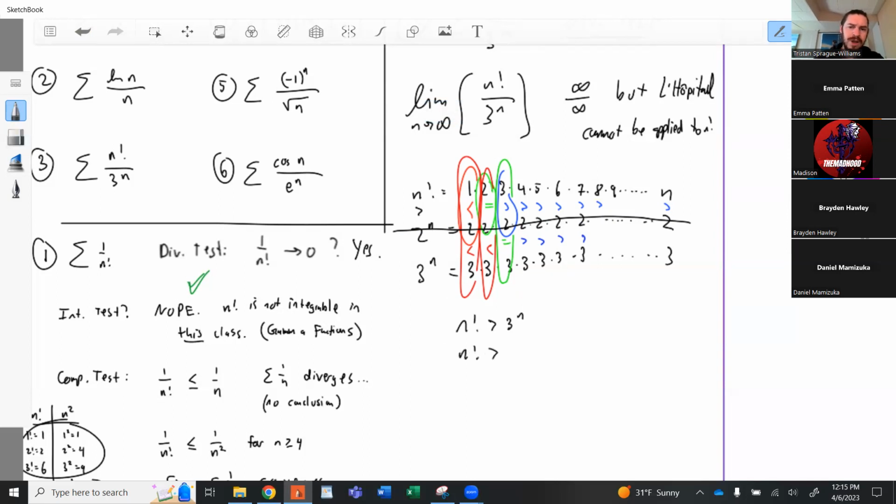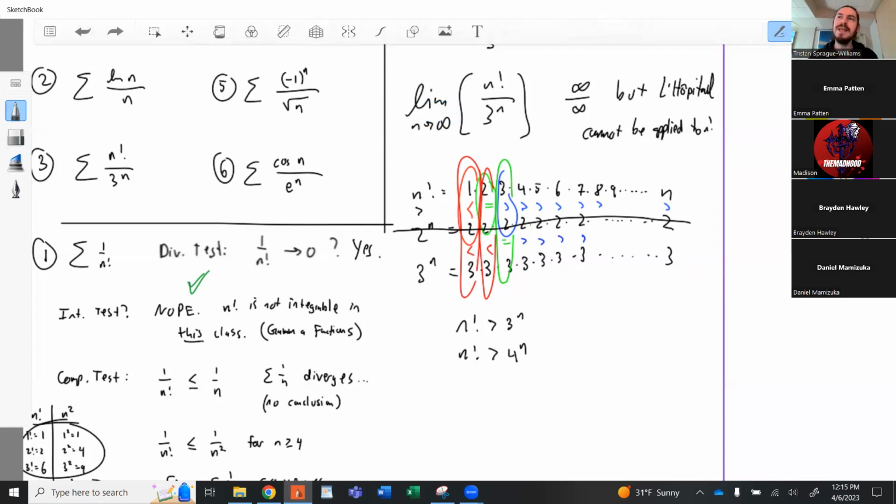N factorial is greater than 4 to the n, because there will be some small number of cases where the factor is less, until it's equal, and then after that it's greater. These values are going to be bigger than these values. So this is a rough argument, but it can be extended.